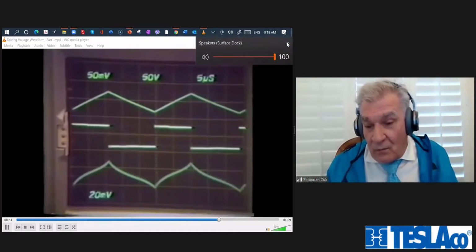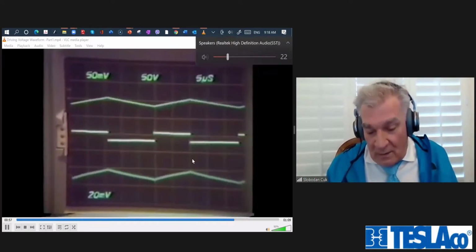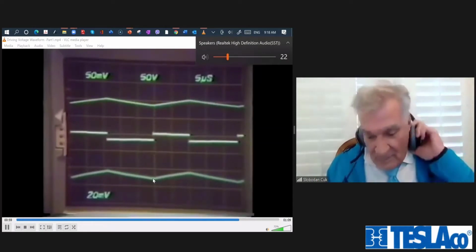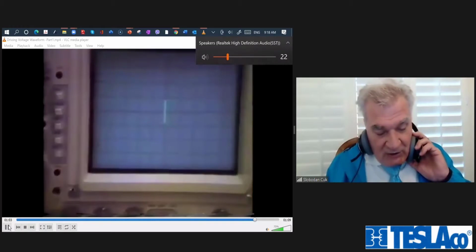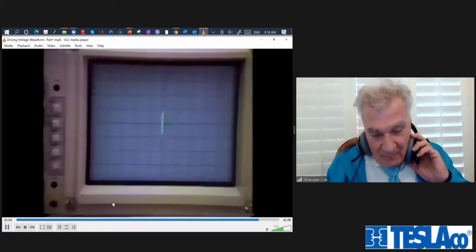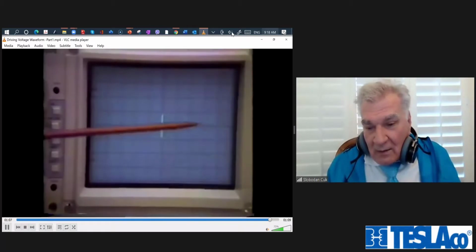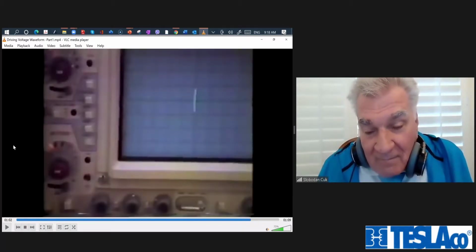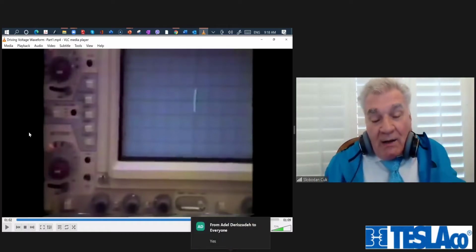Now let us look at the picture of the BH loop on another scope. If you look at it, on the horizontal we have ampere-turns excitation. On the vertical, we have the flux. Okay, what I'm doing now, I have two scopes.